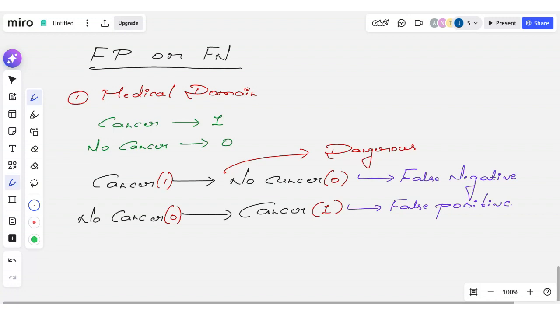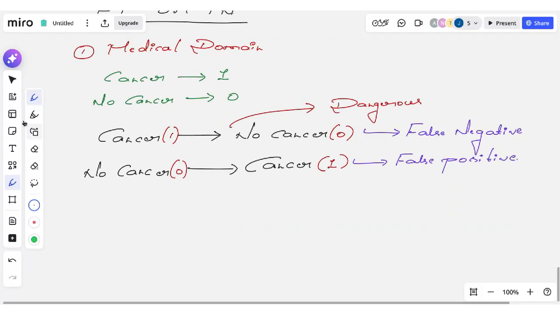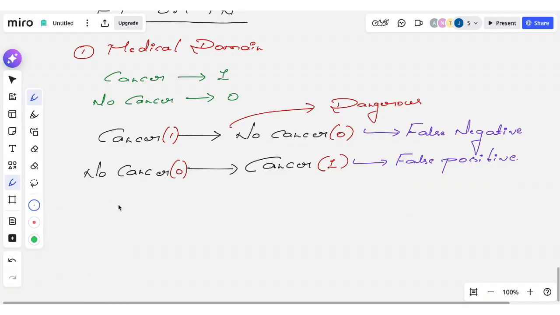Right? When it's a medical domain, you should always focus on reducing false negatives. So reducing false negatives, in the sense, what should be considered?